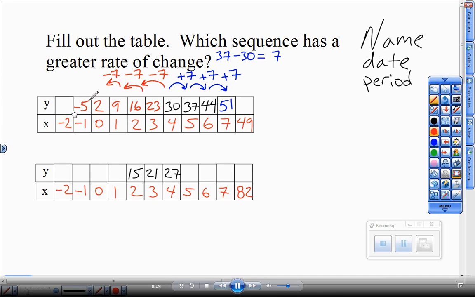Negative 5 minus 7, it's going to give you negative 12.